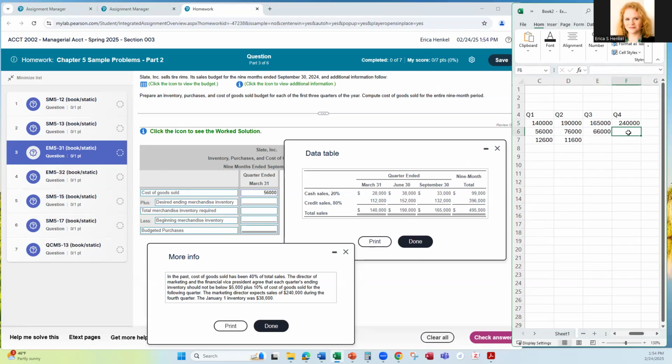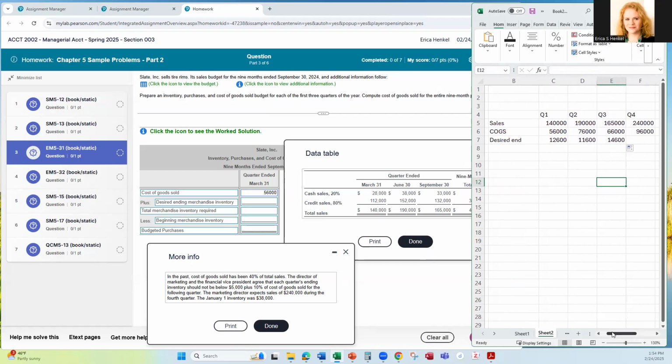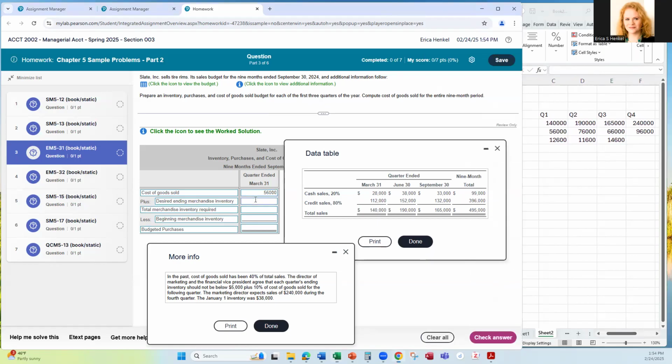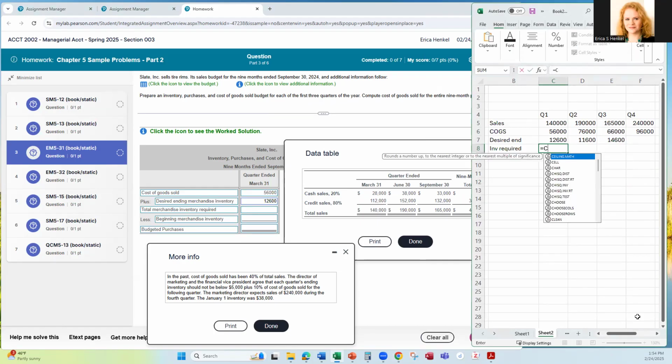So we need to know the cost of goods sold for that period too. All right, so our desired ending merchandise inventory here is going to be 12,600. That means the inventory required is going to be the cost of goods sold plus the desired ending.